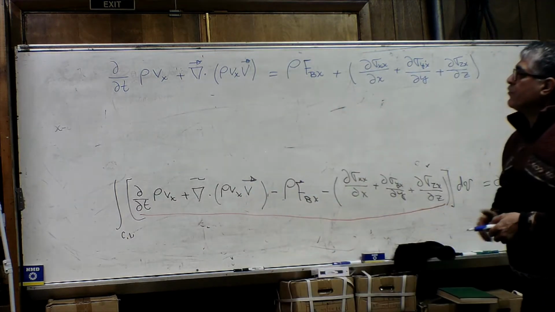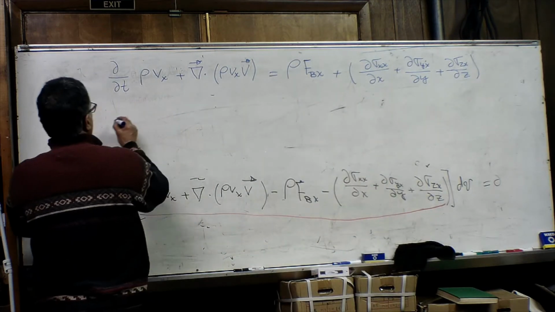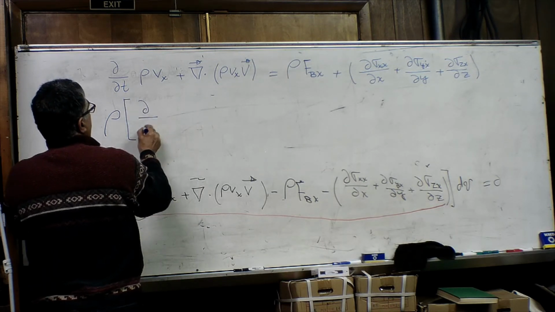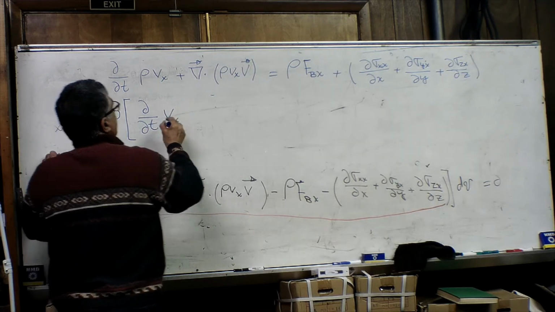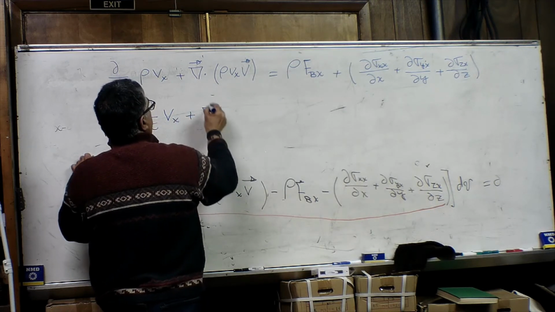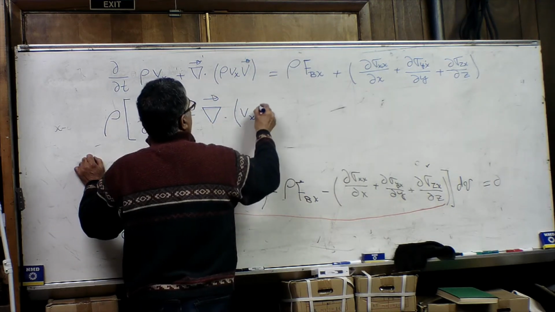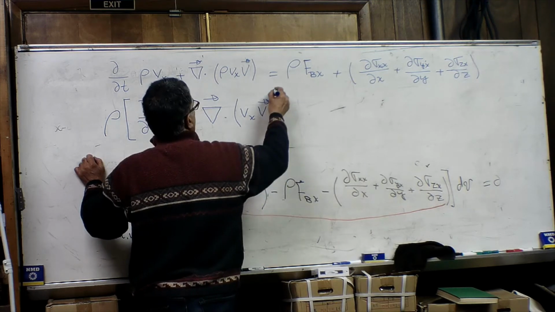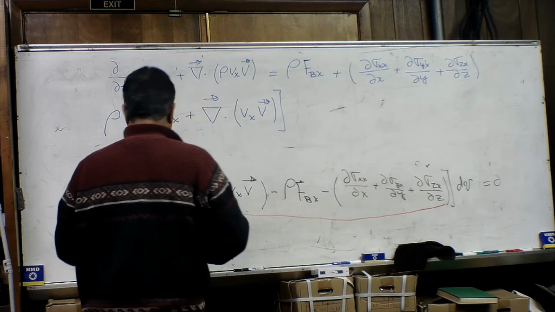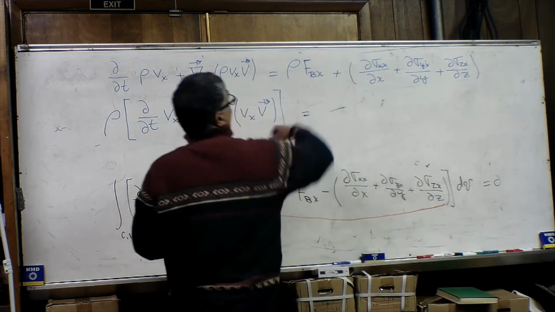Now here we can simplify this again and write this as rho, partial derivative with respect to time of Vx, plus del dot Vx V, equal to that.